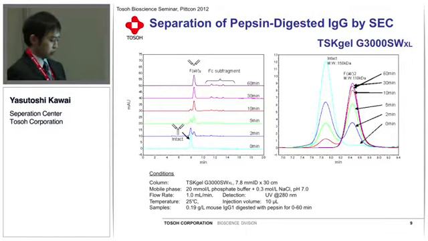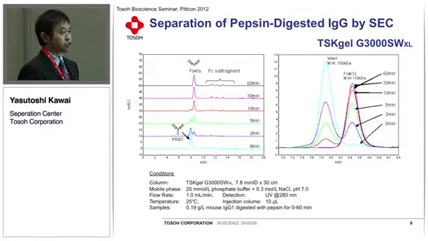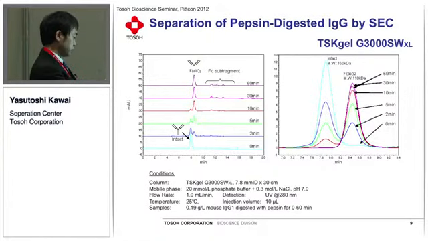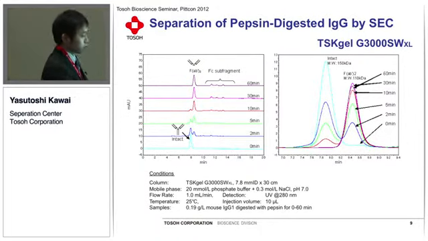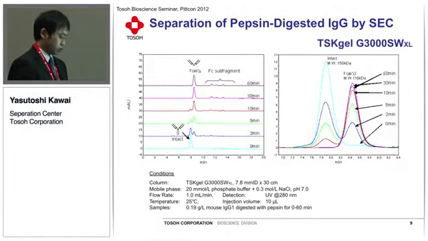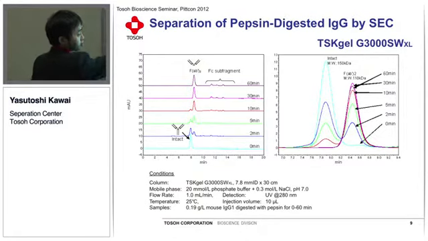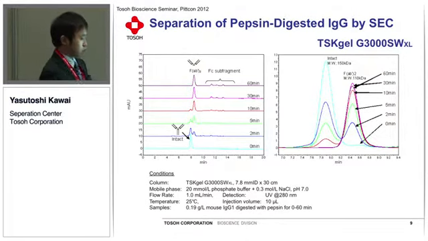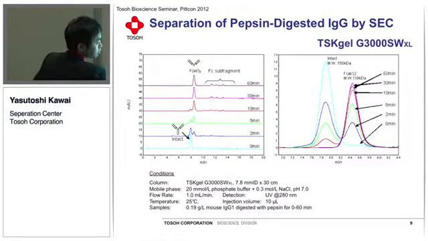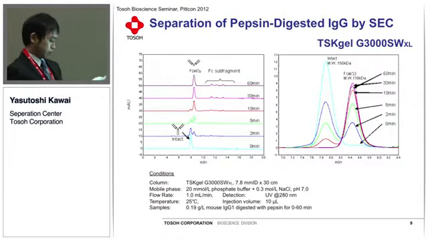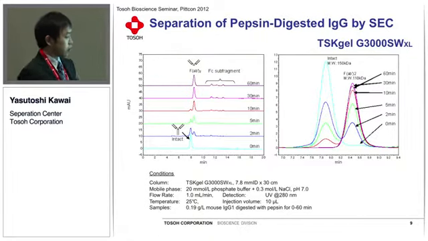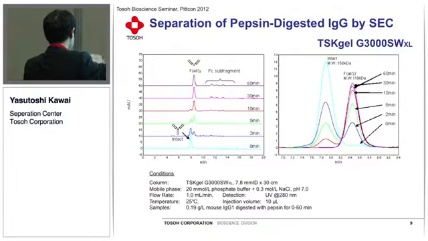This slide presents a time course of digestion by pepsin, analyzed by an SEC column. Before the digestion, only one peak of intact antibody was detected, and as digestion proceeded, the amount of intact form decreased, and in contrast, the Fab2 fragment increased.